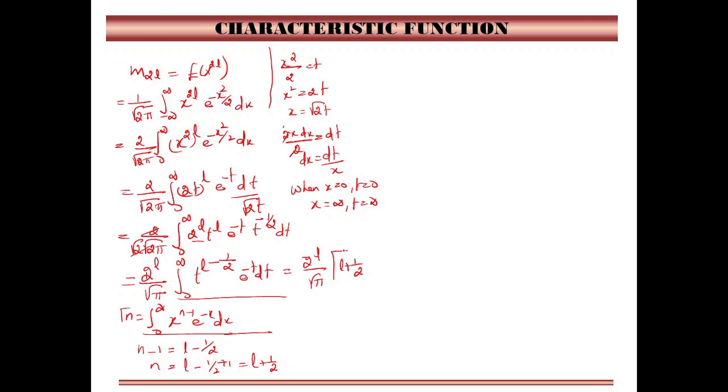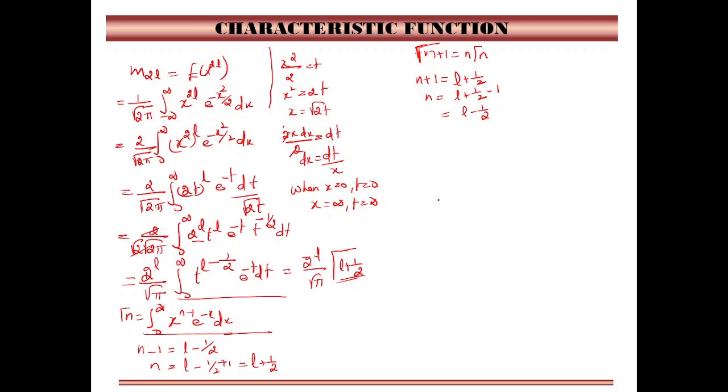Now, also we know that gamma n plus 1 is equal to n into gamma n. So this is of the form n plus 1. So n plus 1 is equal to l plus 1 by 2. Therefore n is equal to l plus 1 by 2 minus 1, which is l minus 1 by 2.